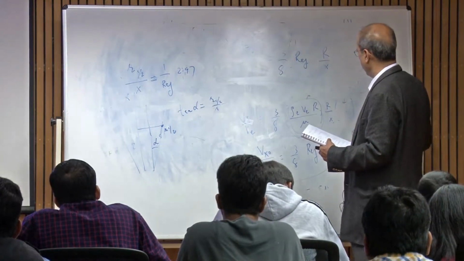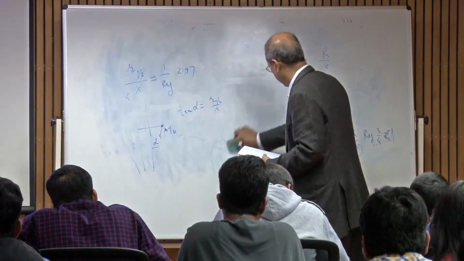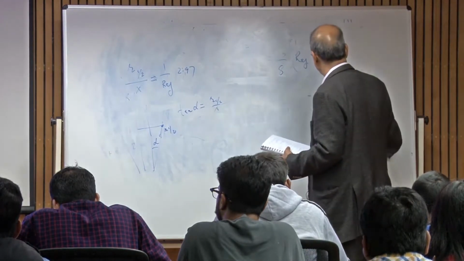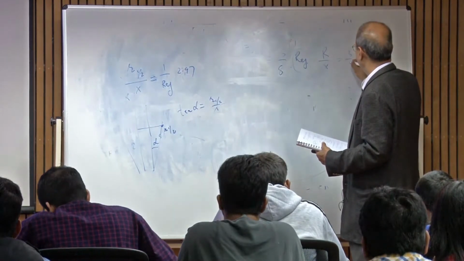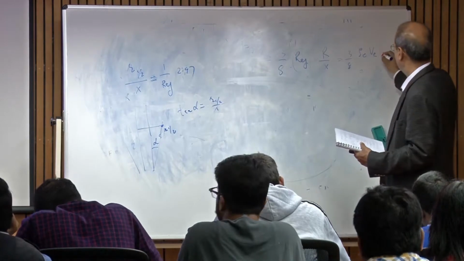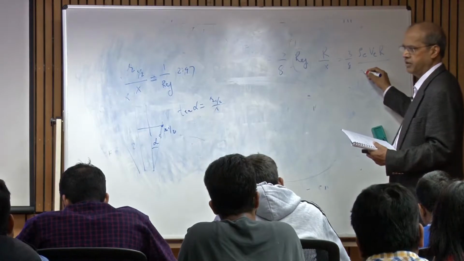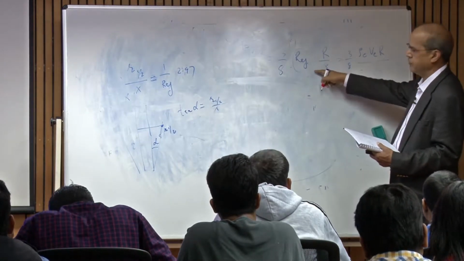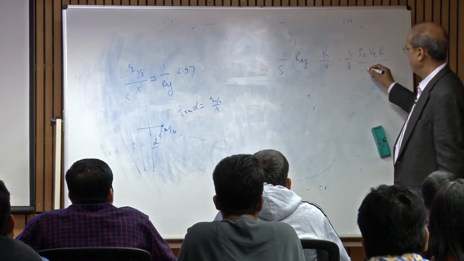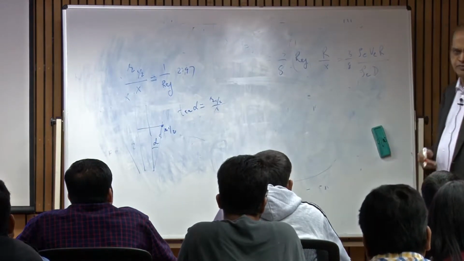Okay, now let's substitute for Rej. So 3/8, so it's rho e v e r. Okay. So what's in the denominator? We're substituting for the Reynolds number, mu, which will be rho e times d, because Schmidt number is 1.